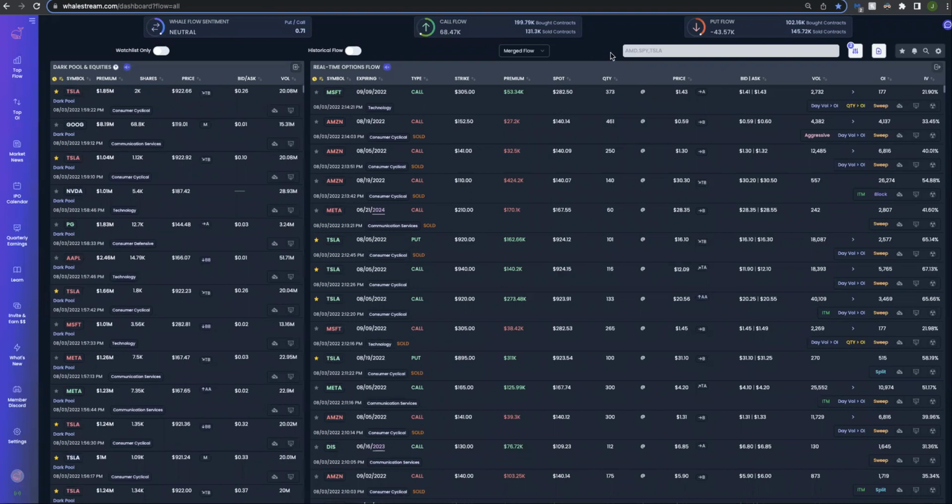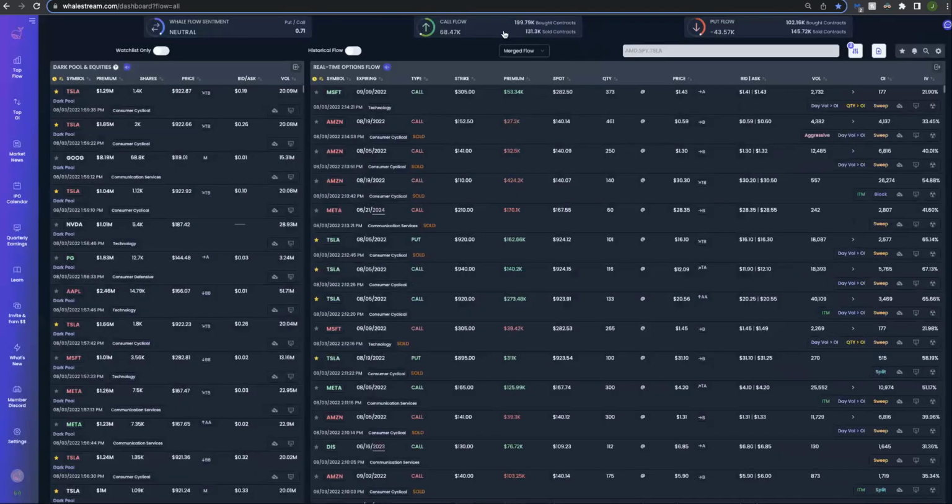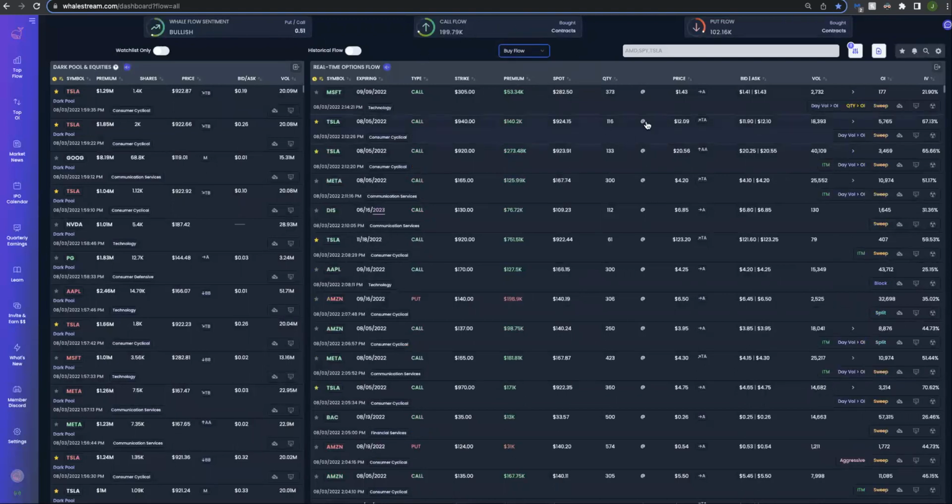Exactly. And I do want to address, I see Nedge asked about the flow sentiments. So I was kind of talking about this before, and actually, let's go back to the S&P 500 filter. So when you're on buy flow, and this is what a lot of the other platforms do, they only show things filled on or towards the ask, above the mid. They only show buys on a lot of them.